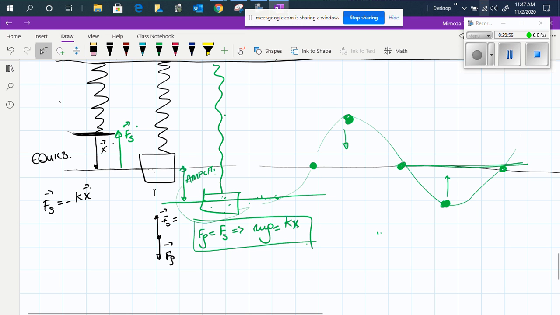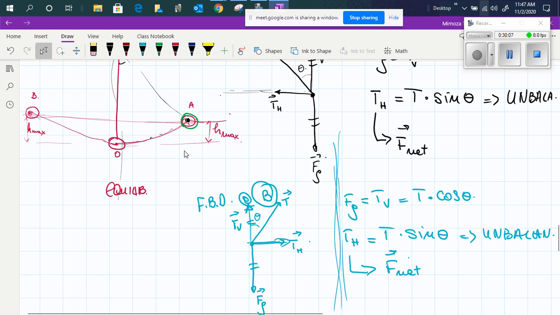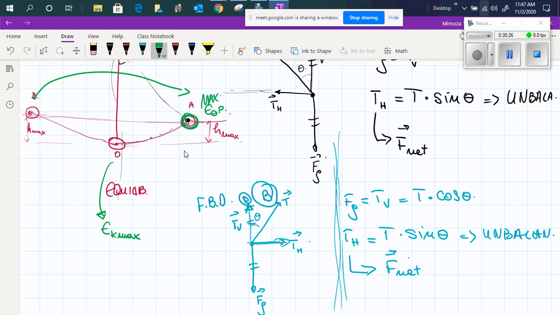Now, how do we solve those kinds of problems using the conservation law of energy? When we have the pendulum at point A, what we have is maximum gravitational potential energy. At point O, what we have is maximum kinetic energy. And at point B, same as point A, we have maximum gravitational potential energy, which is the mechanical energy of the system.